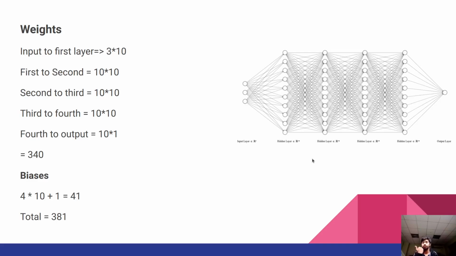So similarly, this is the same example, but consider that we also have a bias term. We calculated earlier that we have 340 weights, but suppose we have another term called bias here. Okay, so what does bias mean?